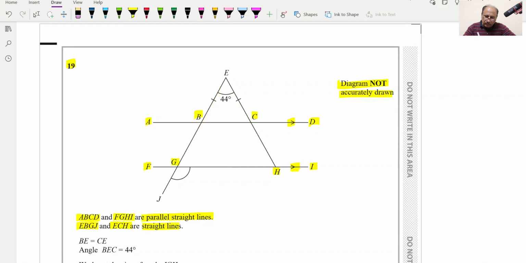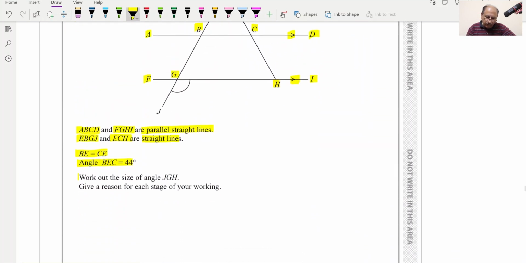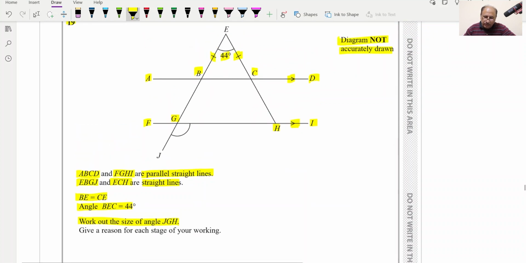So these are all straight lines. BE is equal to CE, and this symbol is provided, both are equal. Angle BEC is 44, this is 44. Then what next? They are asking us to work out the size of the angle JGH.